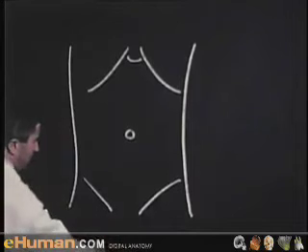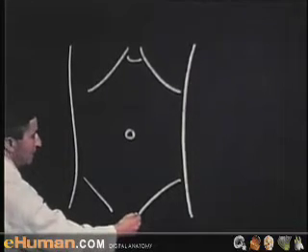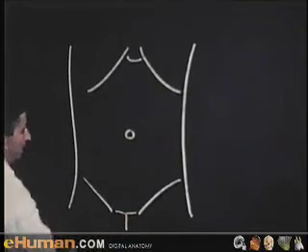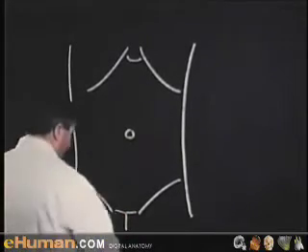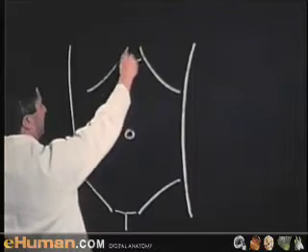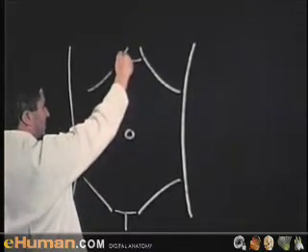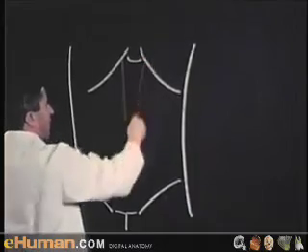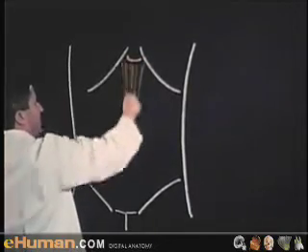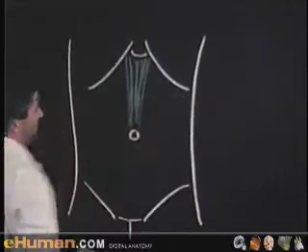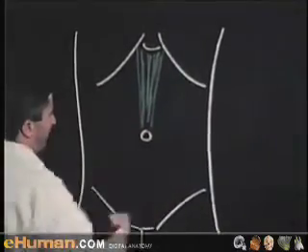Now down here we have the symphysis pubis in the midline and the pubic crest on either side. Coming down from the xiphoid process, we have this thick fibrous band known as the linea alba. And you remember the linea alba was the fibrous structure into which were inserted the aponeuroses of the abdominal muscles.